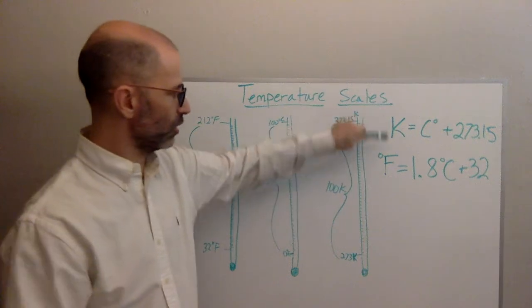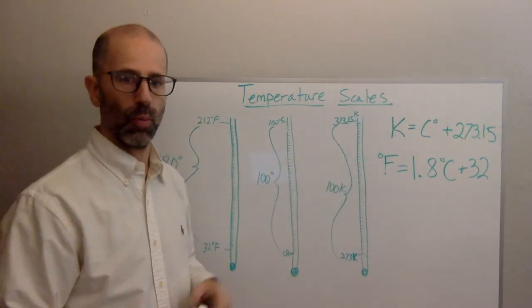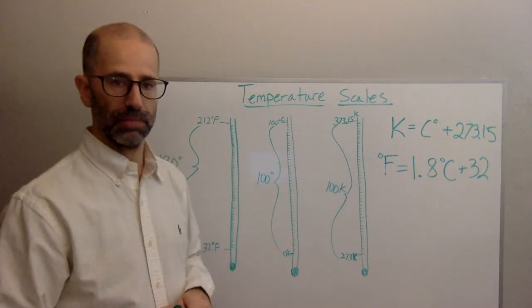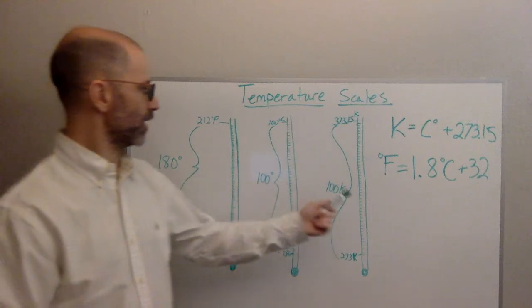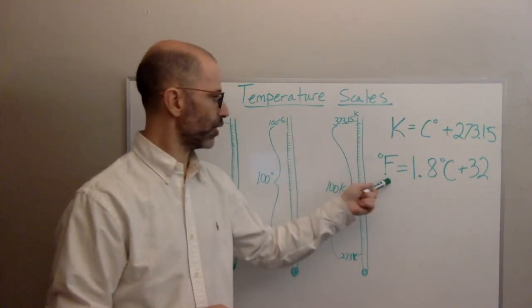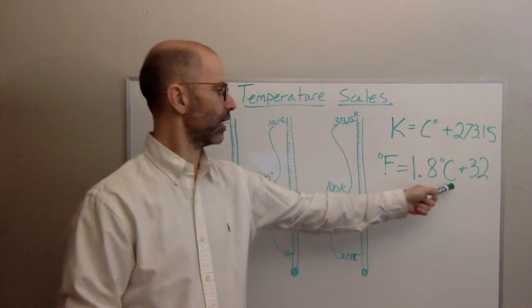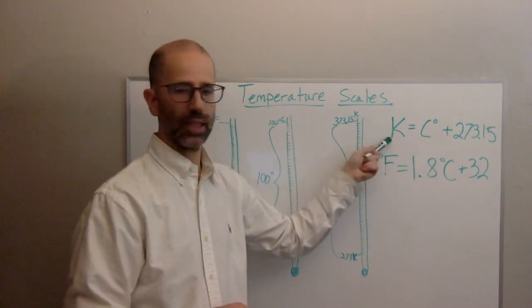Both of these formulas are what you use to convert from one to the other. If you want to convert from Fahrenheit to Kelvin, you have to use both of them. You use this one to convert from Fahrenheit to Celsius, and then once you get Celsius, use this equation to convert from Celsius to Kelvin.